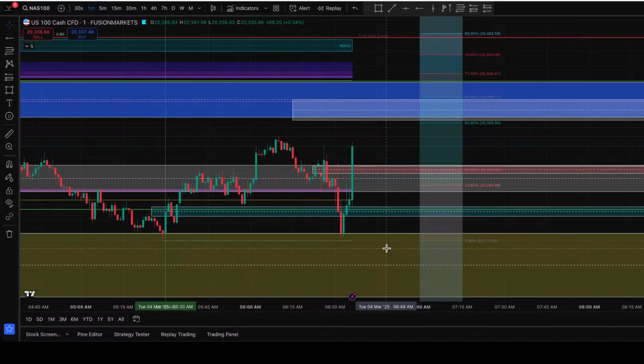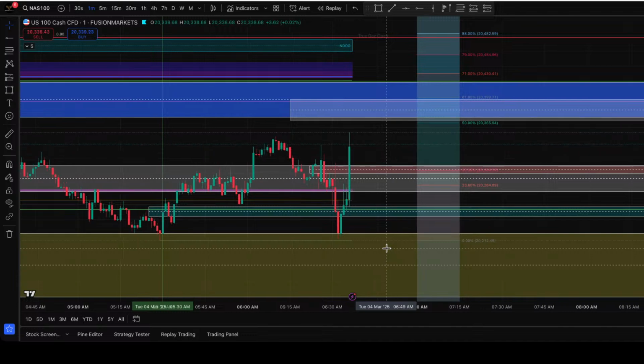Looks like it wants to head there now. So they left these equal relative lows, and it's now heading back into the blue zone.